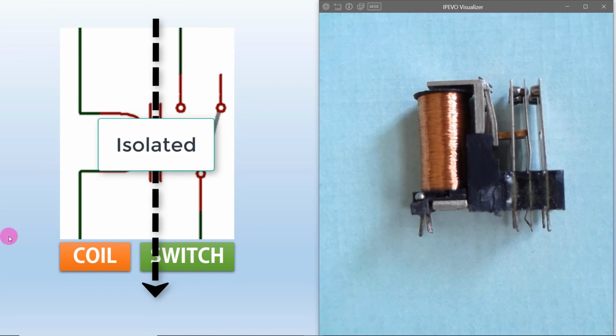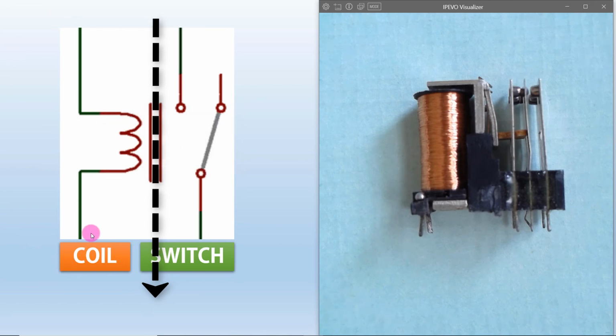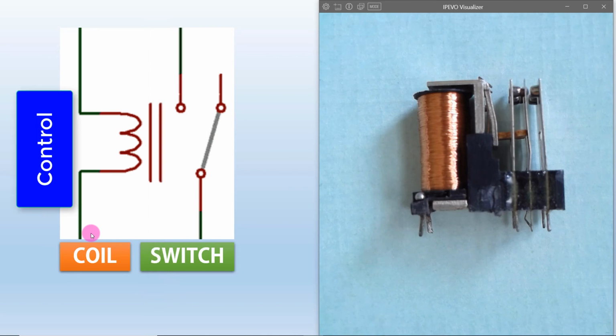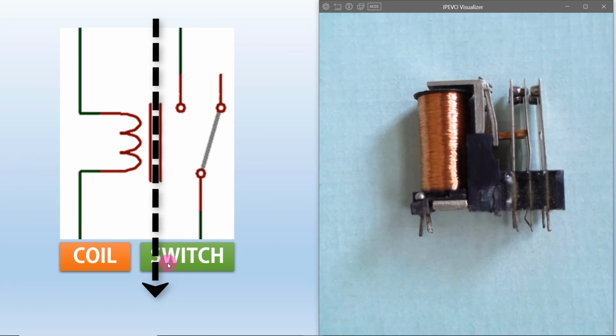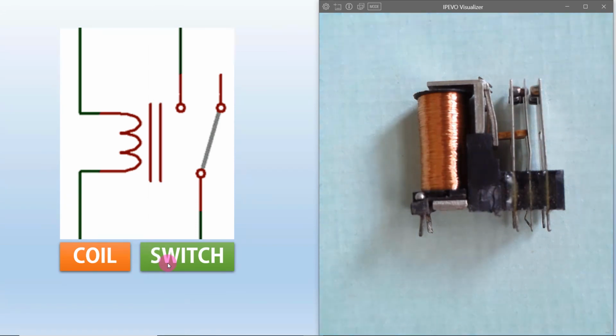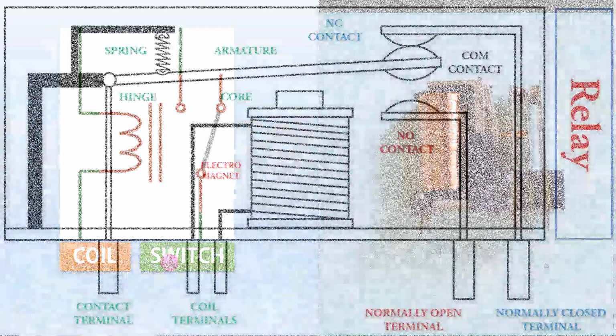On the coil side there will be a control circuit, and on the switch side there will be a controlled circuit. The control circuit and the controlled circuit are both electrically isolated but magnetically coupled. This is a very important aspect in industry, and that is very much used as an isolation technique of electrical circuits.